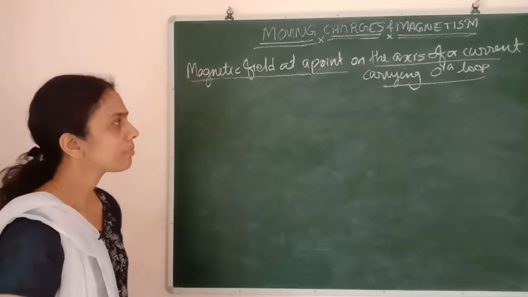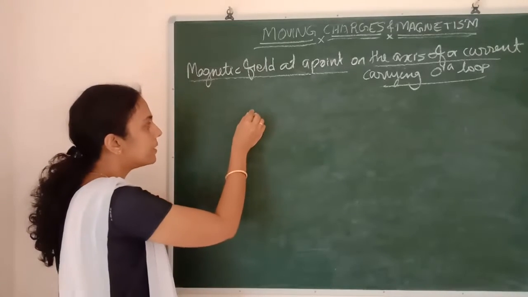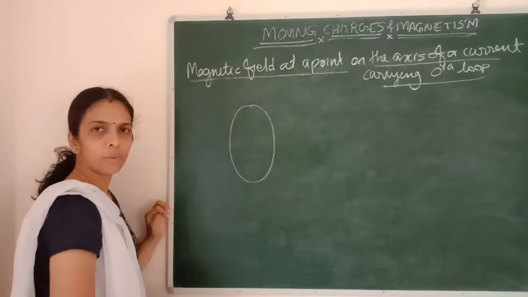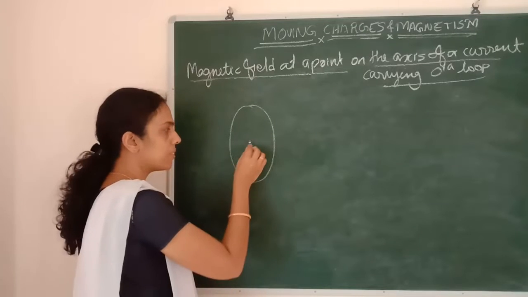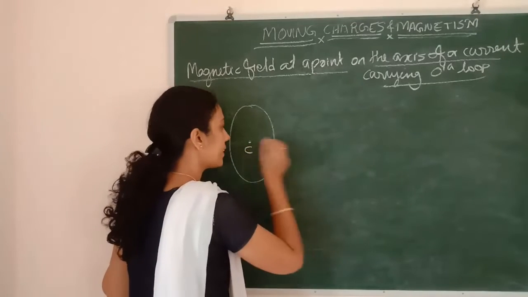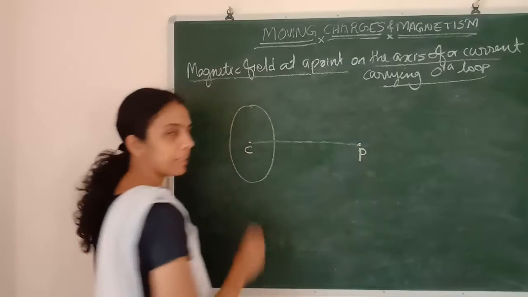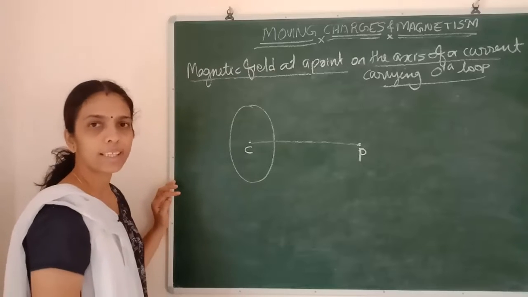So how can we draw that first? See, this is the circular loop which we are considering. Then this is the center of the circular loop. I am considering a point on the axis here, P. Current is passing through the conductor.